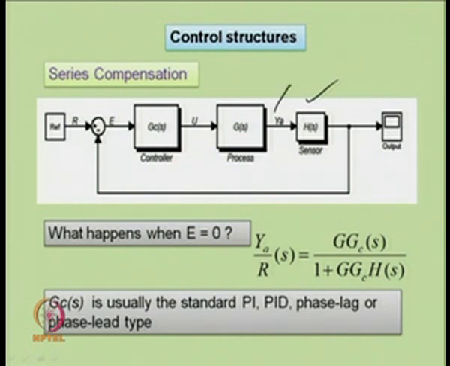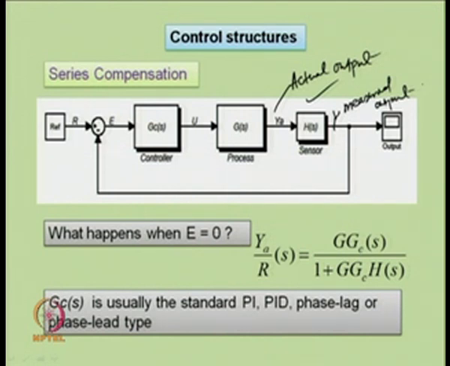YA is the actual output, whereas Y here is the measured output. So, we have to keep in mind there is a sensor in between the measured output and the actual output.